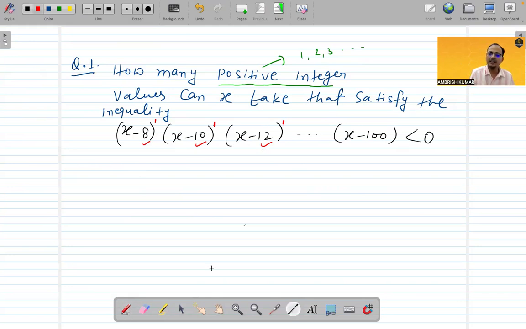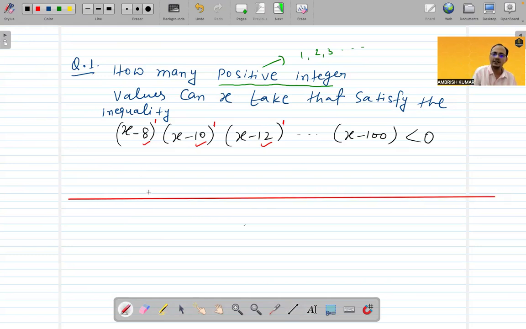So simply see, you are going to have a number line. And on this number line, we will have to write the numbers like 8, then 10, then 12, then 14, then 16, and this up to 100.